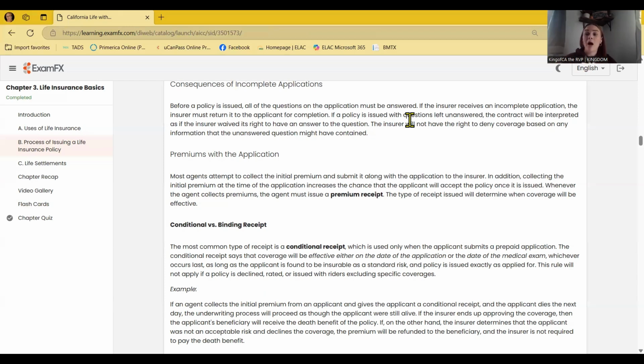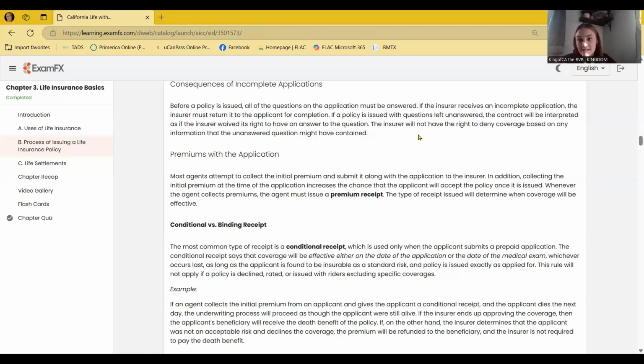However, if the policy is issued without getting answers to these questions, right? Without these answers being on the policy application, okay? So if a policy is issued with questions left unanswered, the contract will be interpreted as if the insurer waived its right to have the answer to this question.